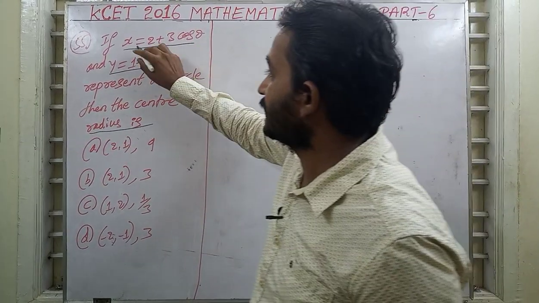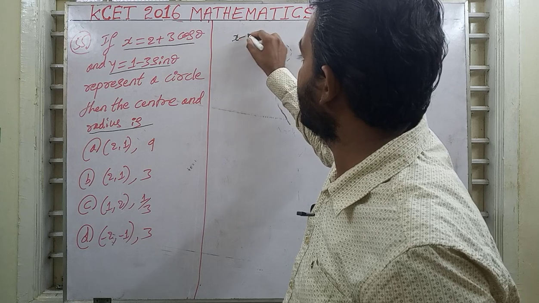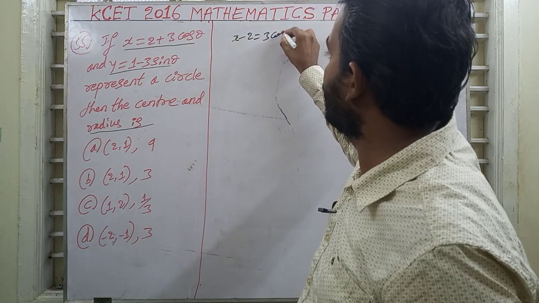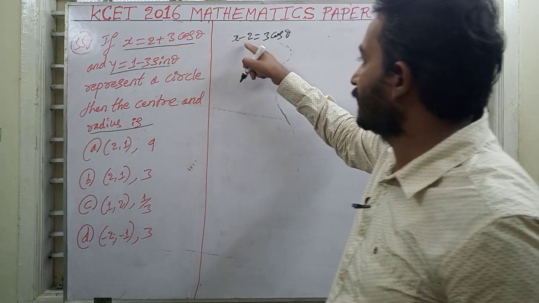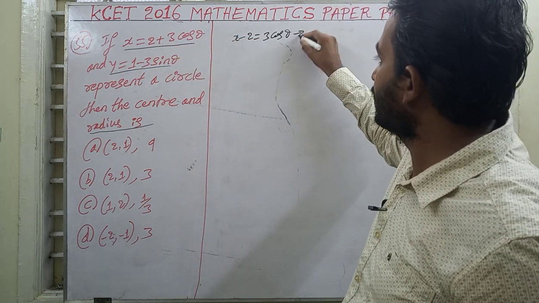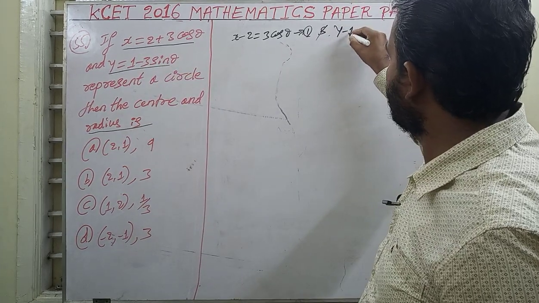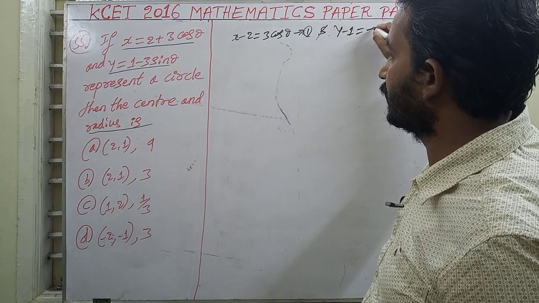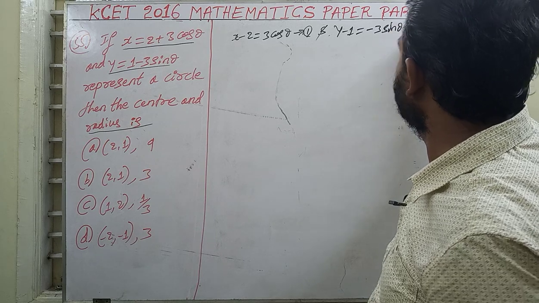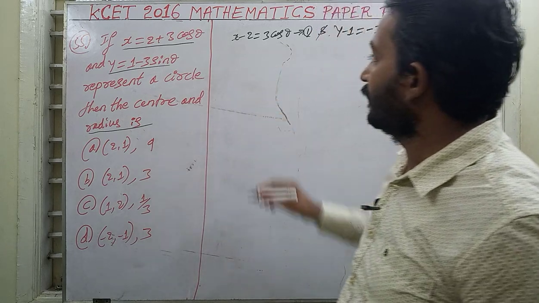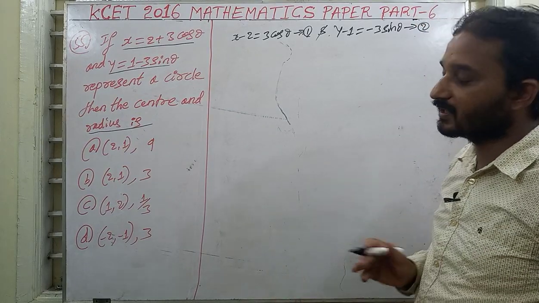Moving 2 to the left hand side, x minus 2 is equal to 3 cos theta, and this is called equation 1. And y minus 1 is equal to minus 3 sin theta. This is called equation 2. So using 1 and 2 we convert this parametric equation into general form.